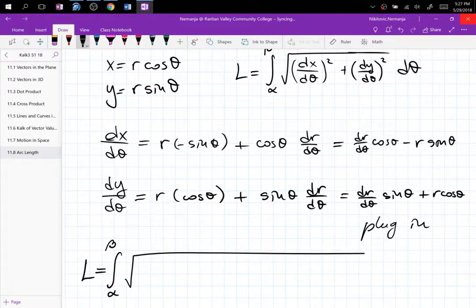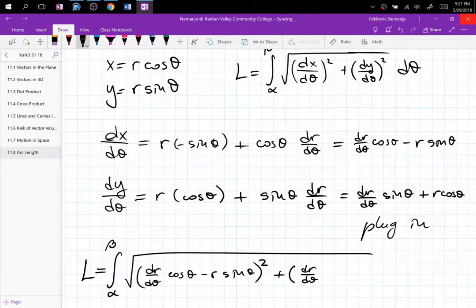I have a square root of dx d theta, which is this one on top, so dr d theta cosine theta minus r sine theta, all of that squared, plus dr d theta sine theta plus r cosine theta, everything squared, and then d theta.